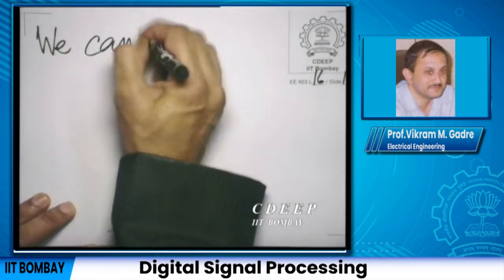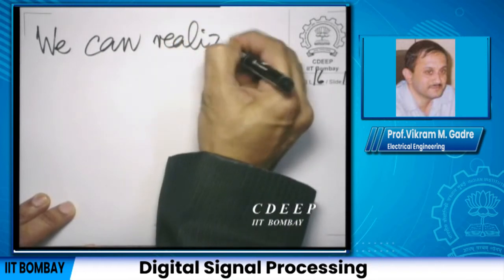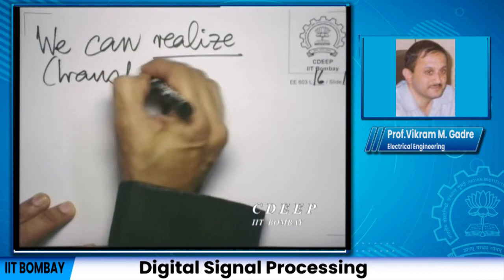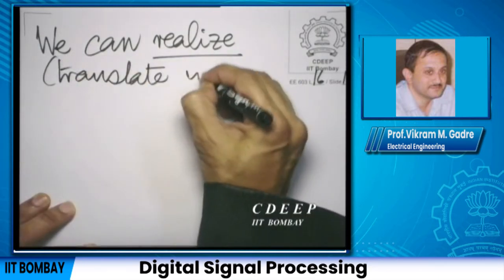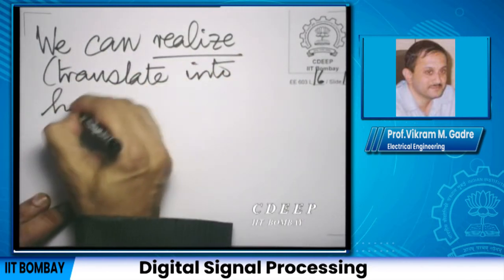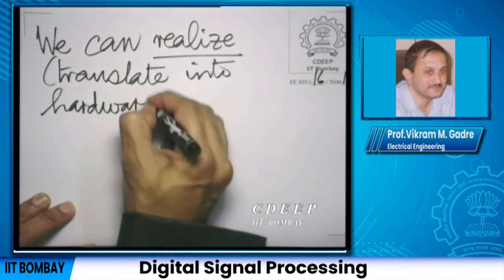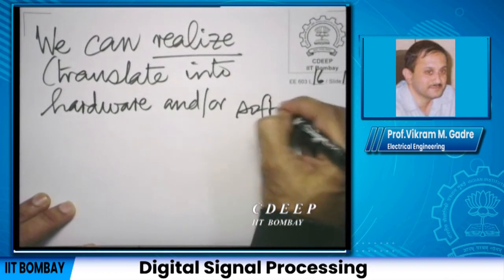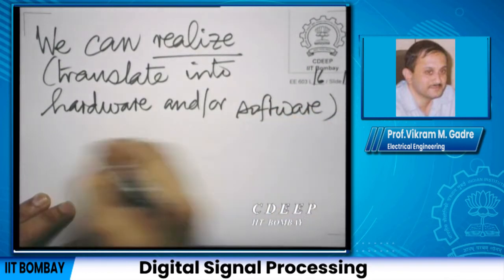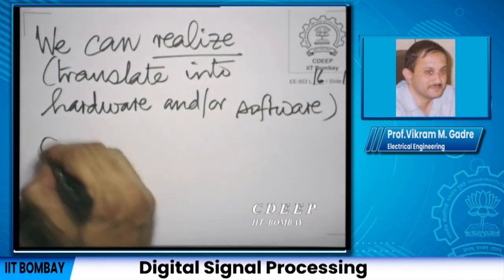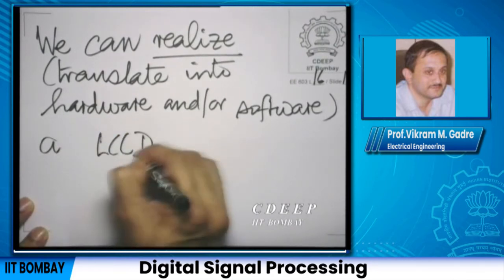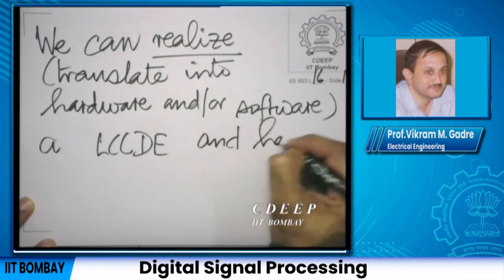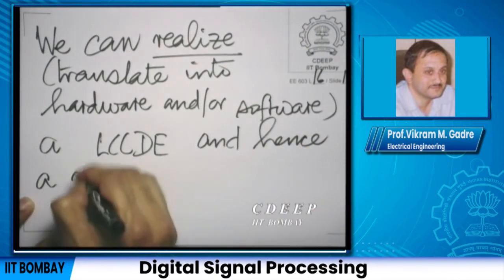We can realize, which means translate into hardware or software, a linear constant coefficient difference equation, and hence a rational system function.